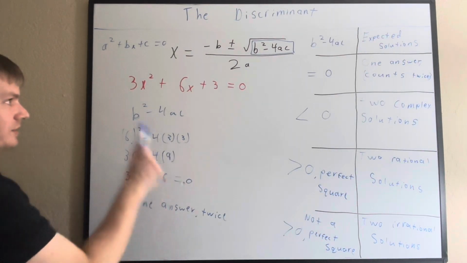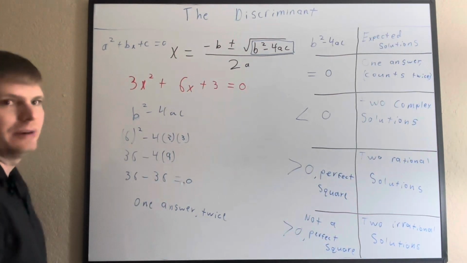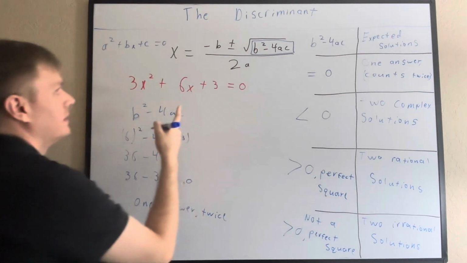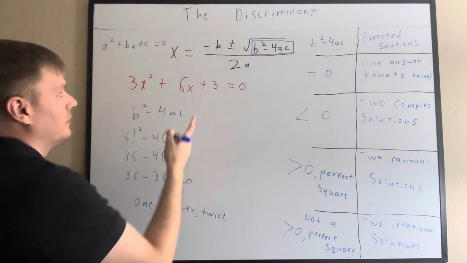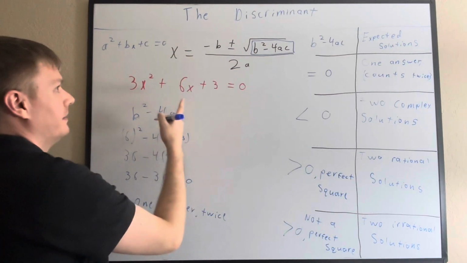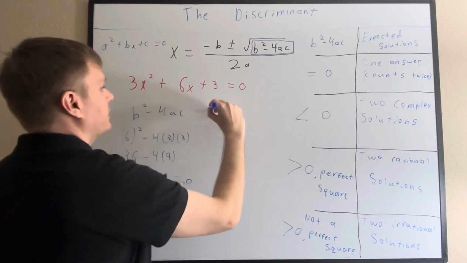Now, let's actually solve this one and see what they mean by that. Let's just do the quick way and use the quadratic formula. We know that b squared minus 4ac is 0, so we can just plug in the rest of it.